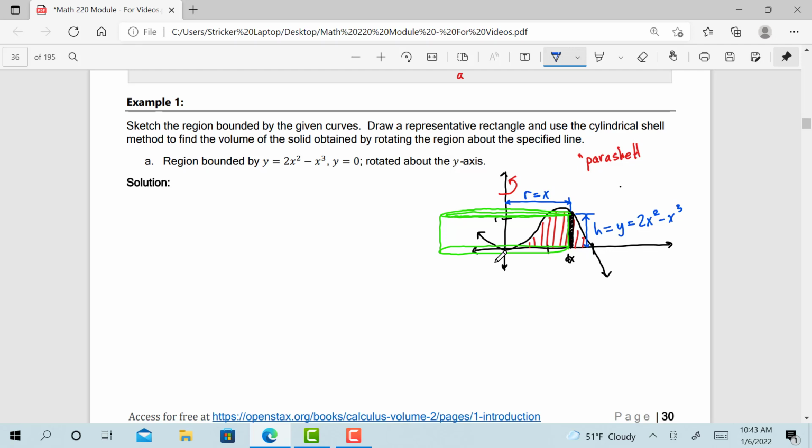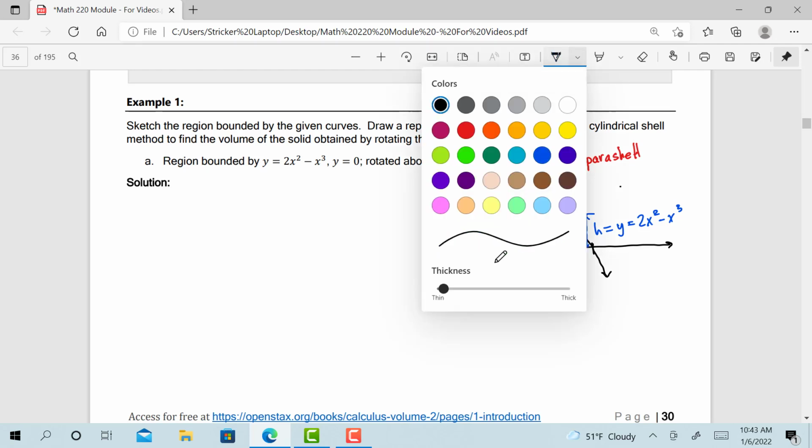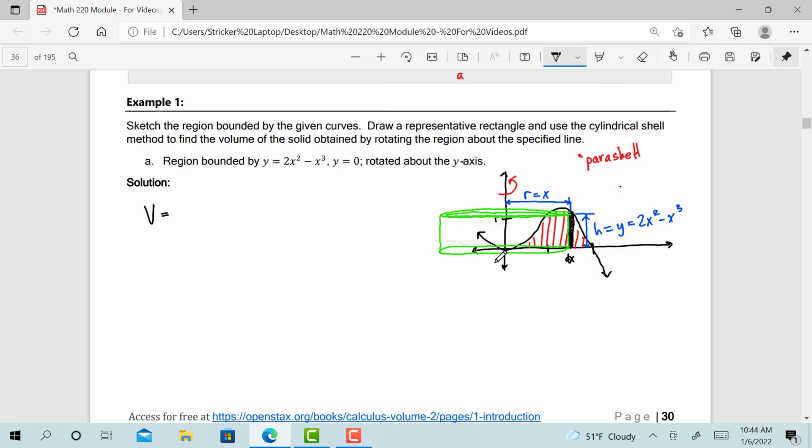So that's the key. We can go back here now to write out our volume integral. So volume again is the integral from a to b of 2 pi r h. In this case, our representative rectangle went vertical, so we have a dx. So let's go ahead and fill in the details of this integral. Our integral is going to go from 0 to 2.